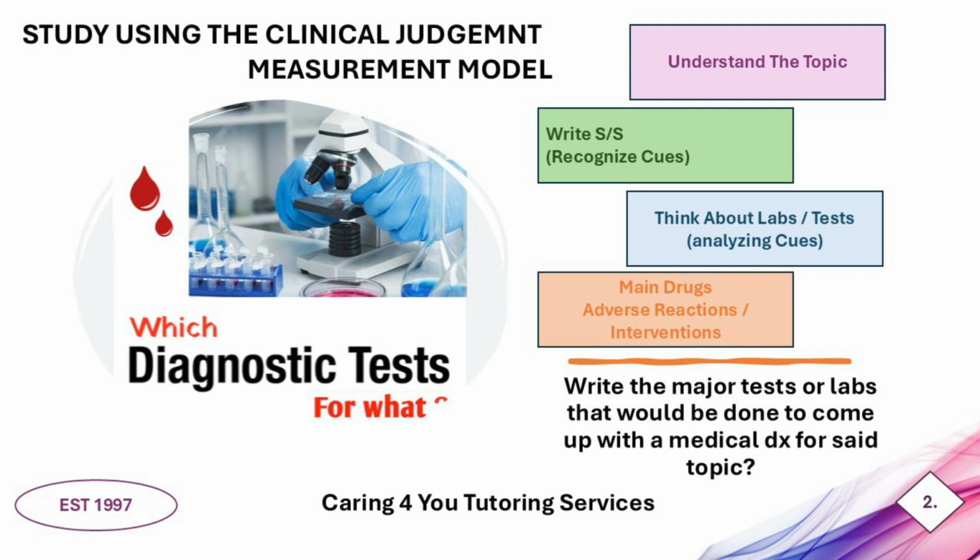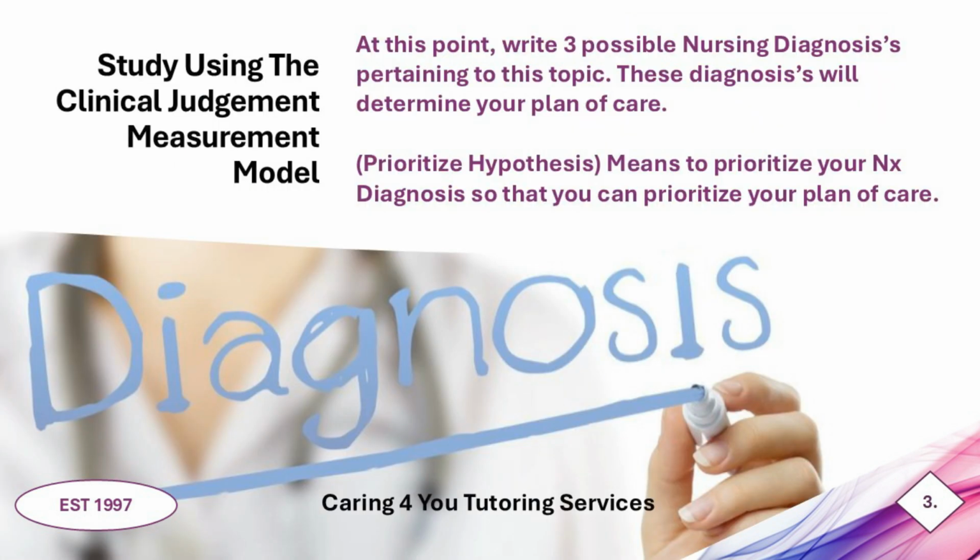So, the clinical judgment measurement model, we've done recognizing cues, analyzing cues. This is all part of assessing your client. Step number 3, for those of us writing care plans, when you write a nursing care plan, you have to write a nursing diagnosis, right?